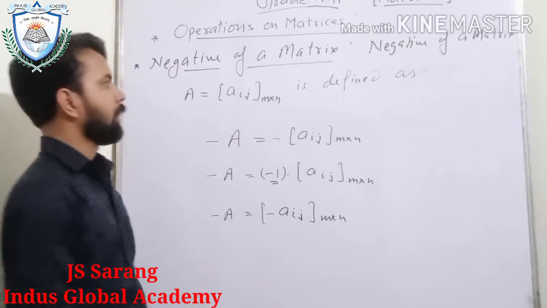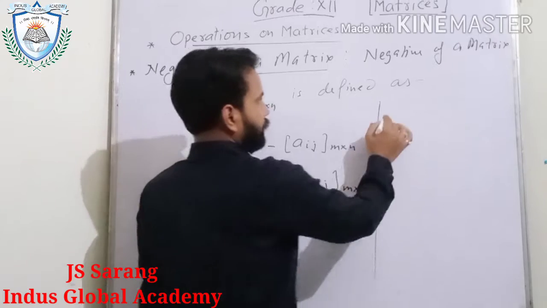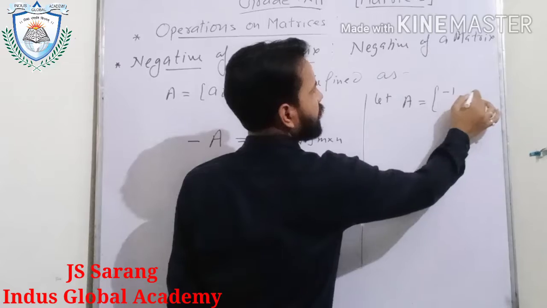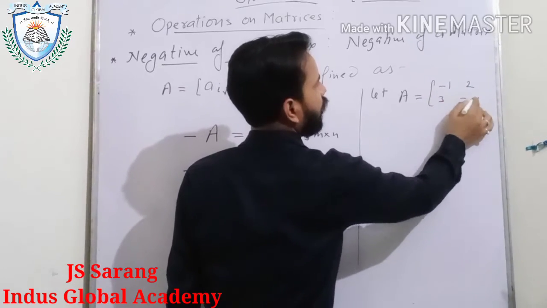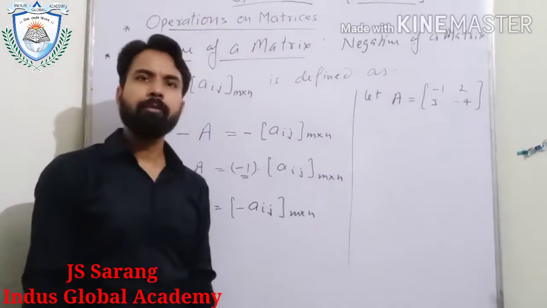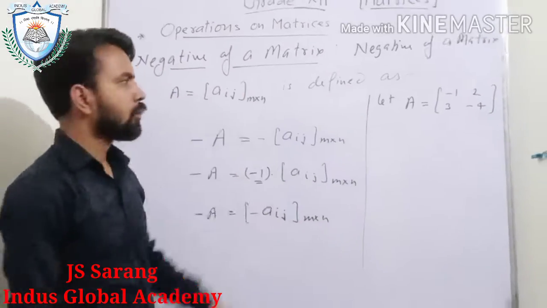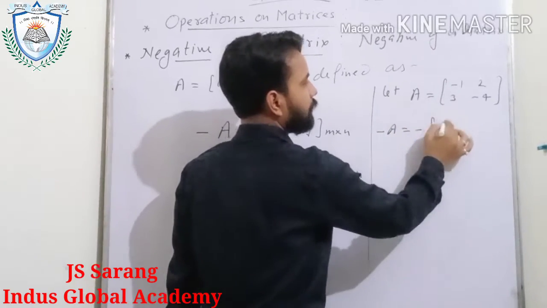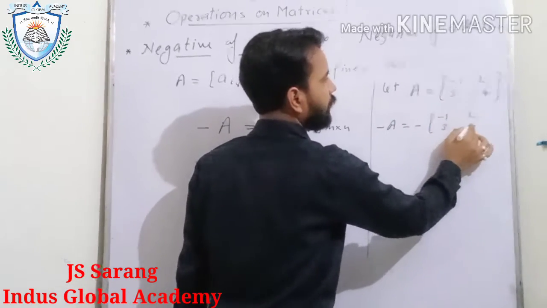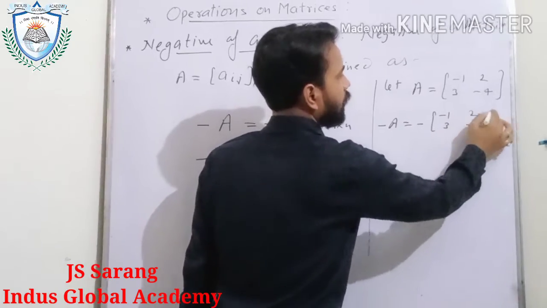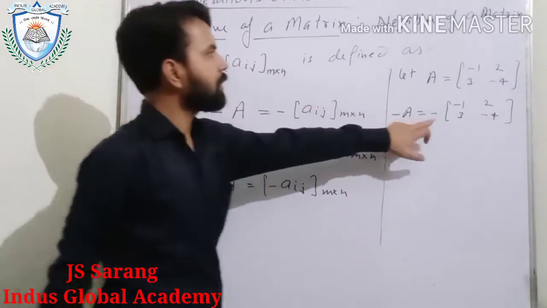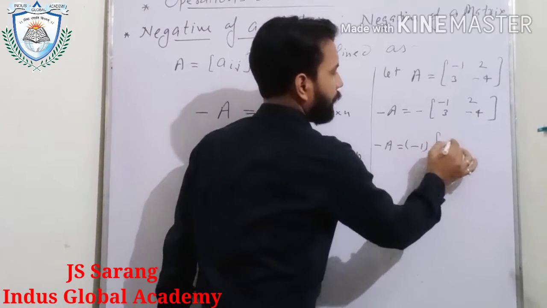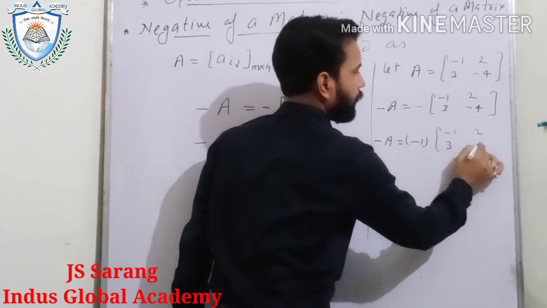Clear? Okay. Consider an example. Let A is equal to the matrix minus 1, 2, 3, minus 4. And we want to find the negative of A. So beta, negative of A means minus A is equal to minus, and this matrix is minus 1, 2, 3 and minus 4. So what I told here, this minus can be written as minus 1 times the matrix minus 1, 2, 3 and minus 4.